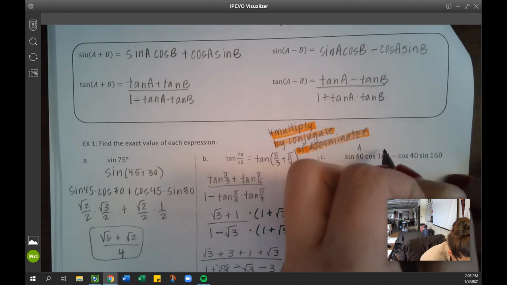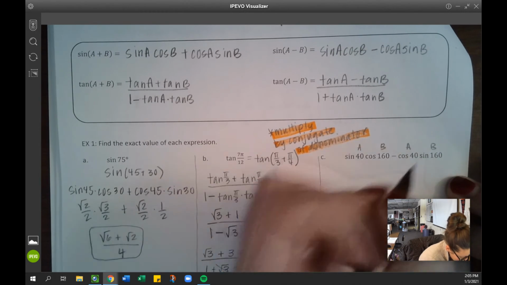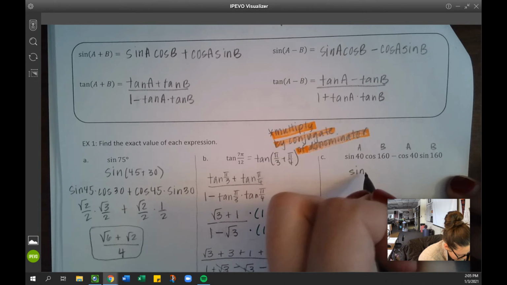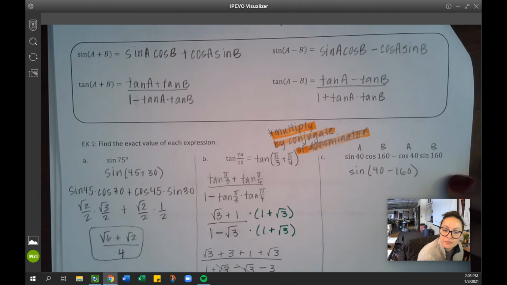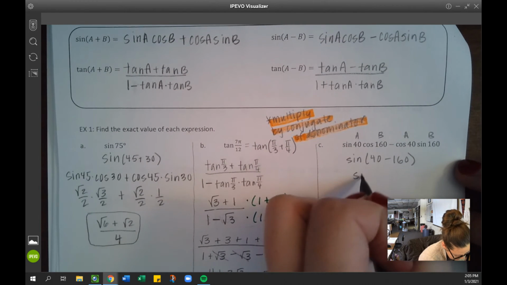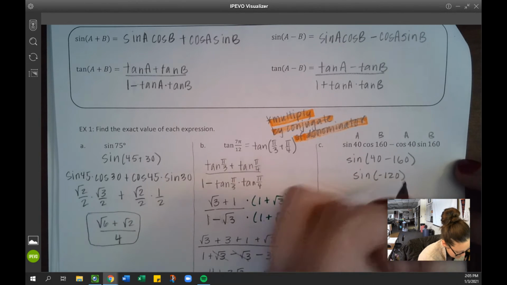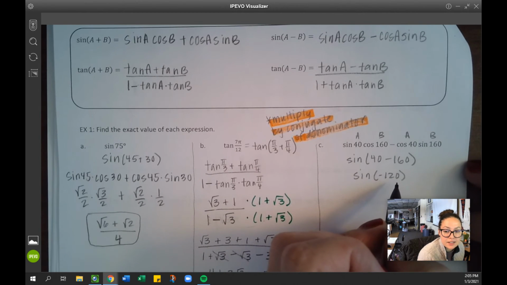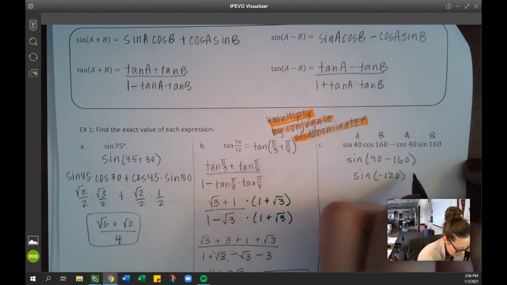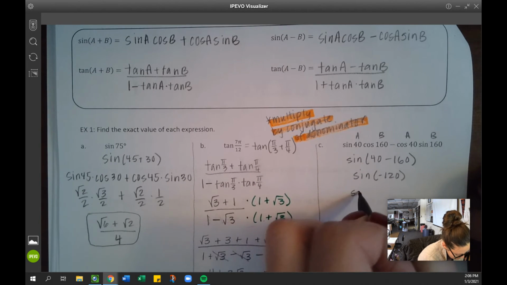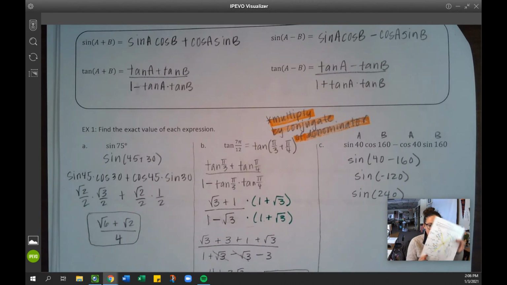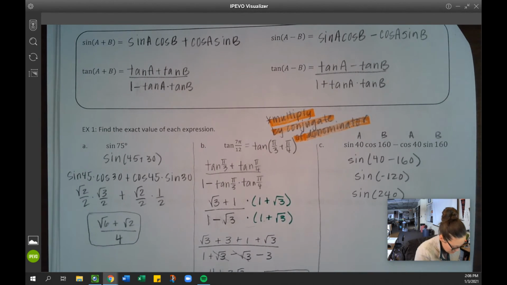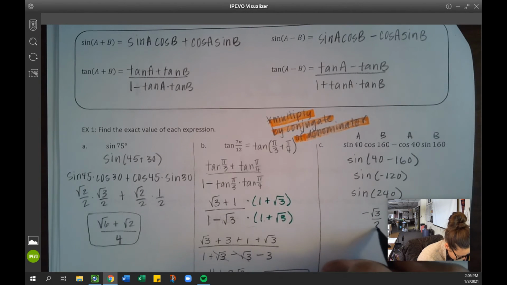So if this is A and this is B and A and B, this is the sine of 40 minus 160, aka sine of negative 120. Well, negative 120 is coterminal with 240 because if I add 360, so sine 240, use your unit circle, sine 240 is negative square root of 3 over 2.